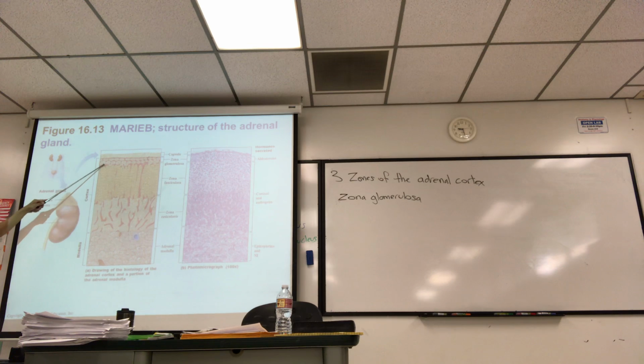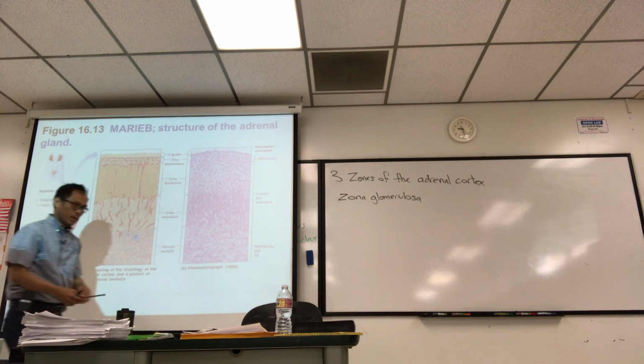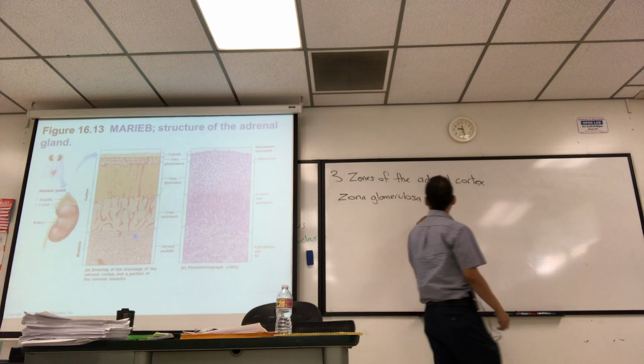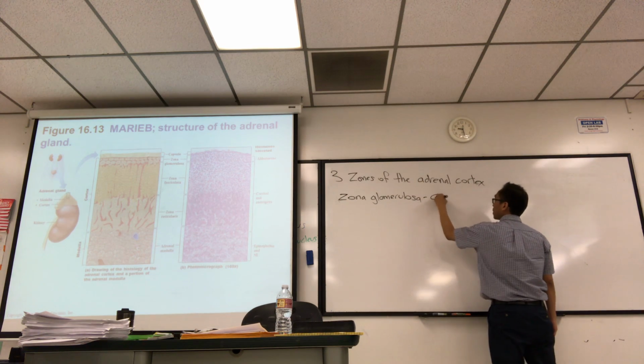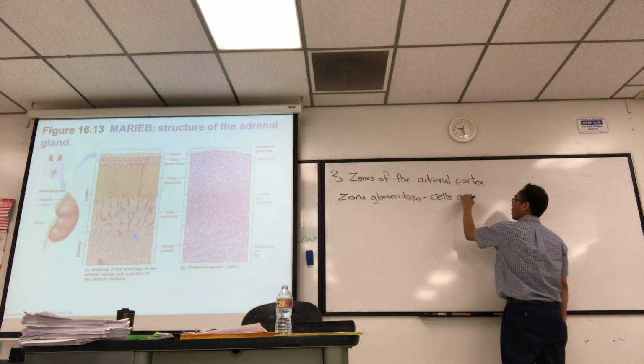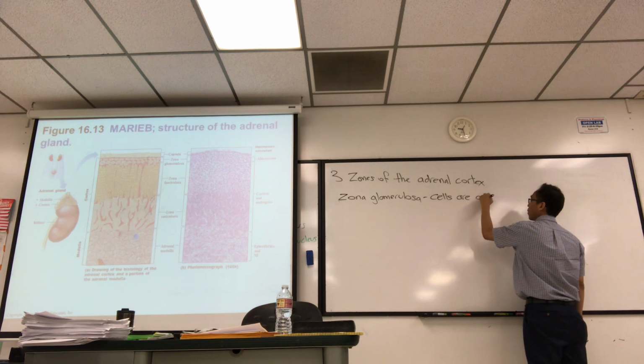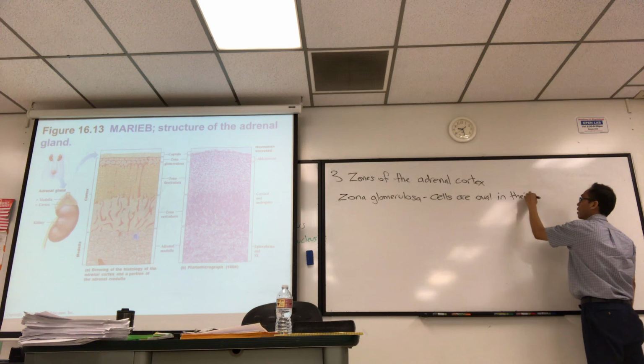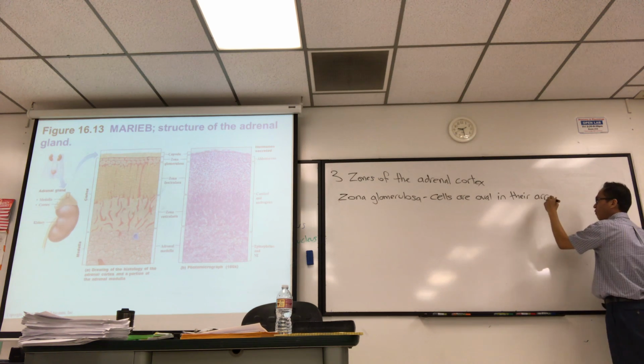In this outermost zone, the cells are arranged in little oval clumps. They look like little balls of yarn. So I'm just writing, cells are oval in their arrangement.